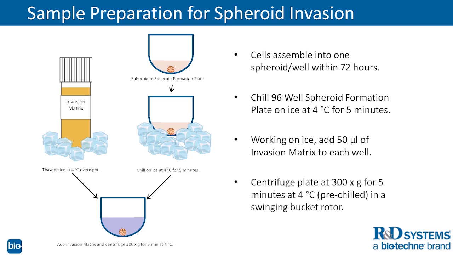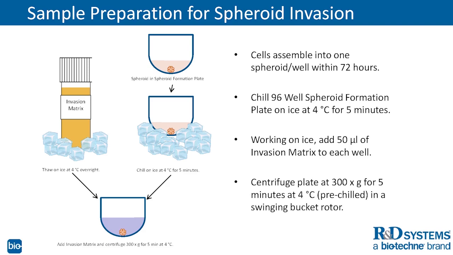And we'll add 50 microliters of cold invasion matrix to the pre-chilled spheroid formation plate. Okay, and then we'll transfer these to a centrifuge, pre-chilled down to 4C, and centrifuge 300 times G for 5 minutes in a swinging bucket rotor.